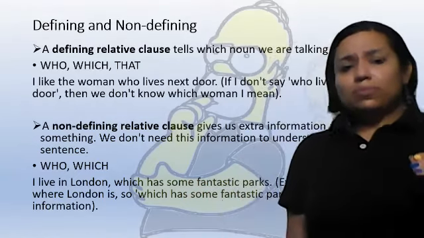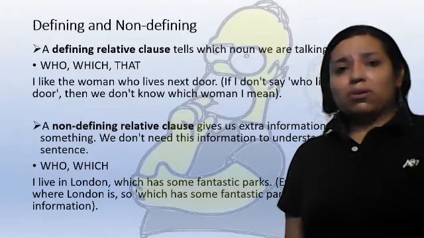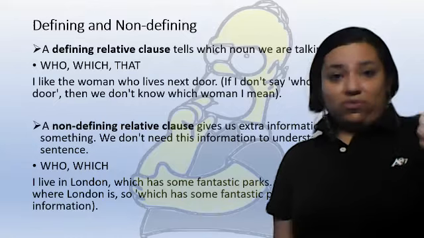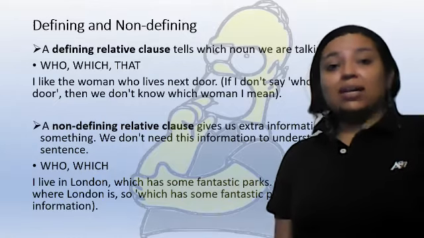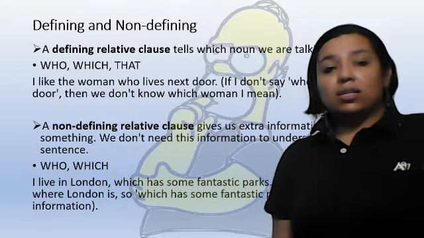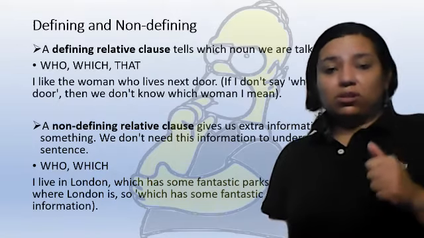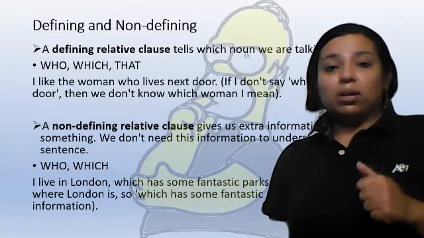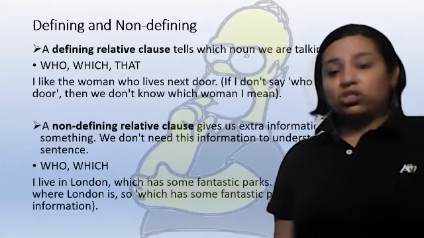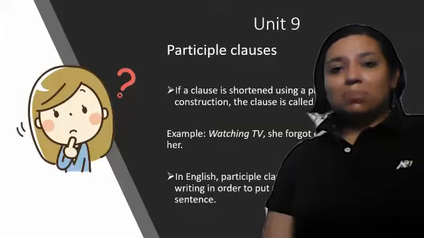So just remember relative clauses: who, which, that for defining relative clauses, and who and which for non-defining relative clauses. Defining relative clauses tell about the noun that we're talking about. Non-defining relative clauses just give us extra information.